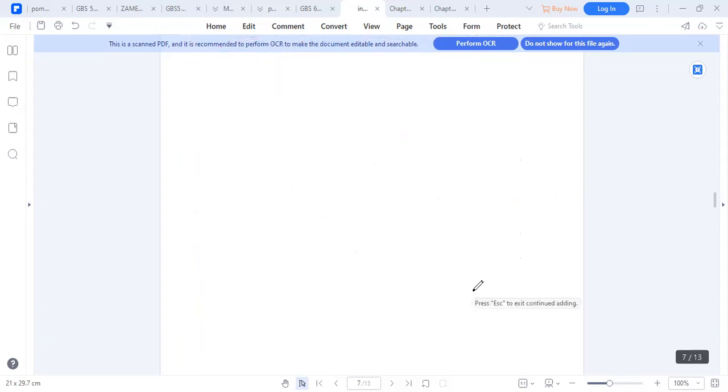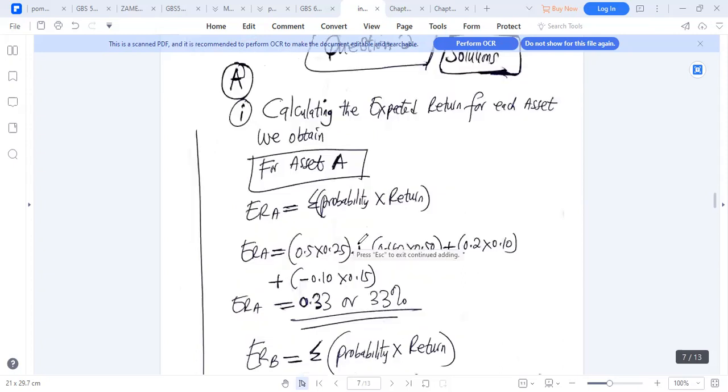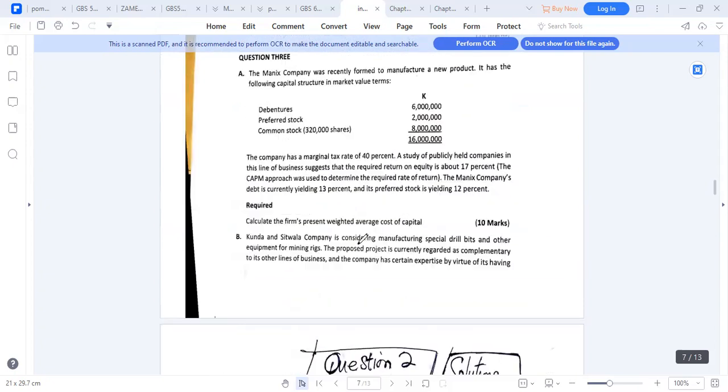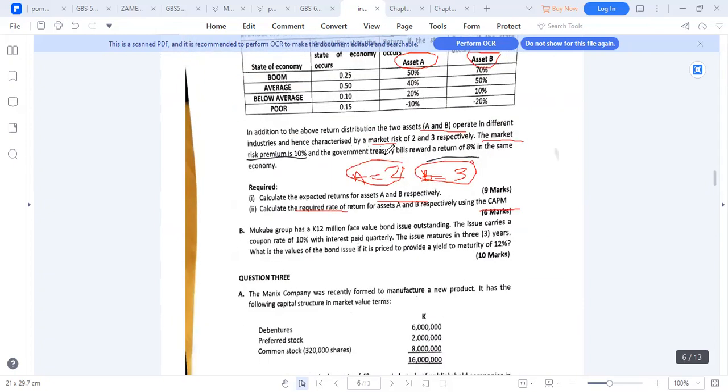For A, the risk-free rate in the question is the government treasury bills, which are risk-free because the government can't default.